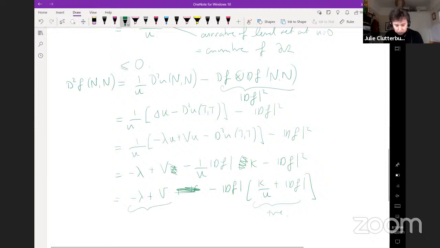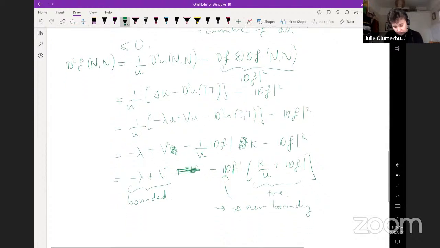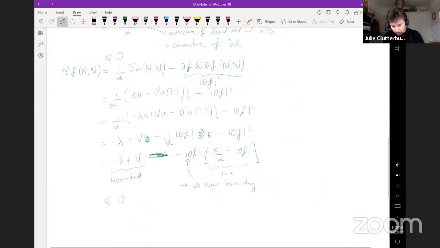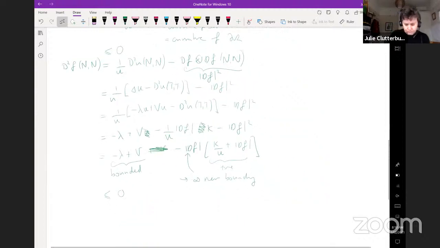These are maybe not positive, but these are bounded. And this df is becoming huge near the boundary. So near the boundary, this is all going to be less than or equal to 0.